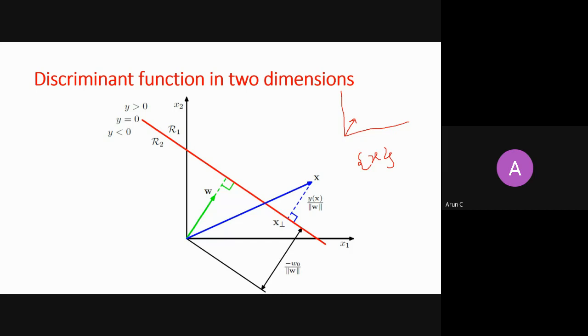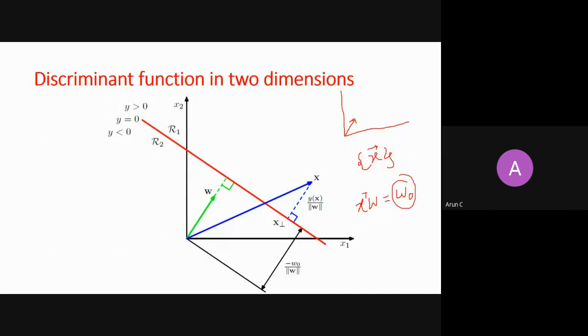The set of vectors x such that the projection of x on W, where W is a unit vector, is equal to some constant W0. It means I am talking about an absolute projection, which is W0.